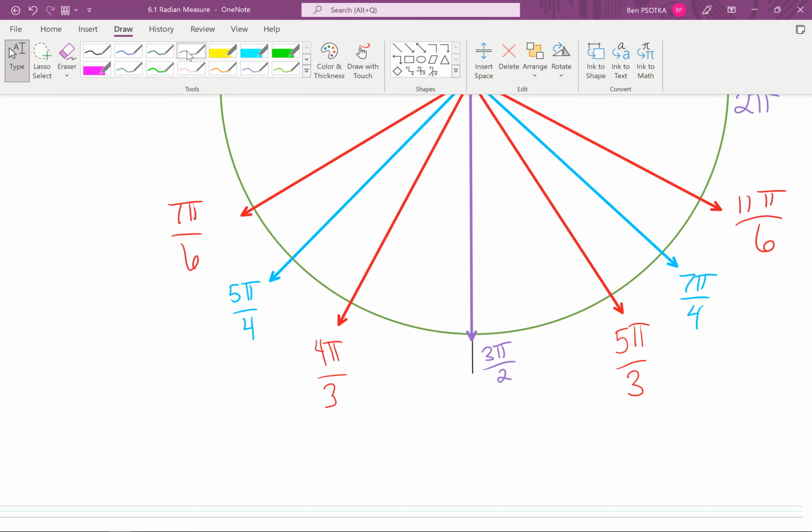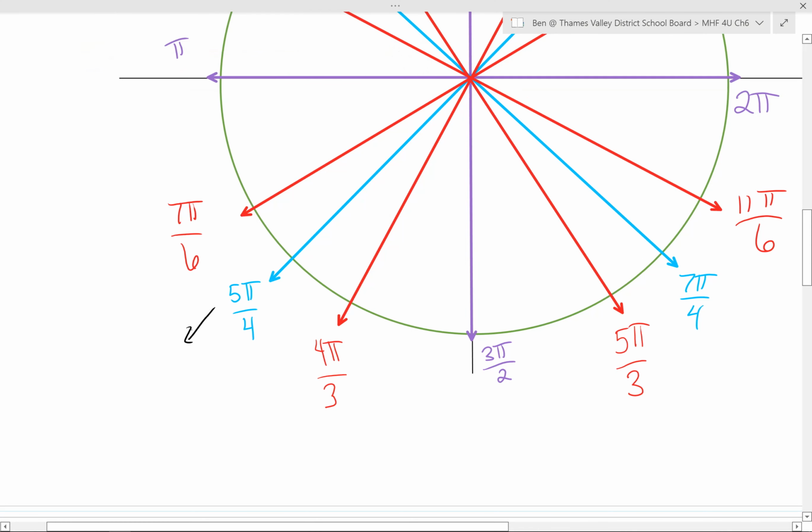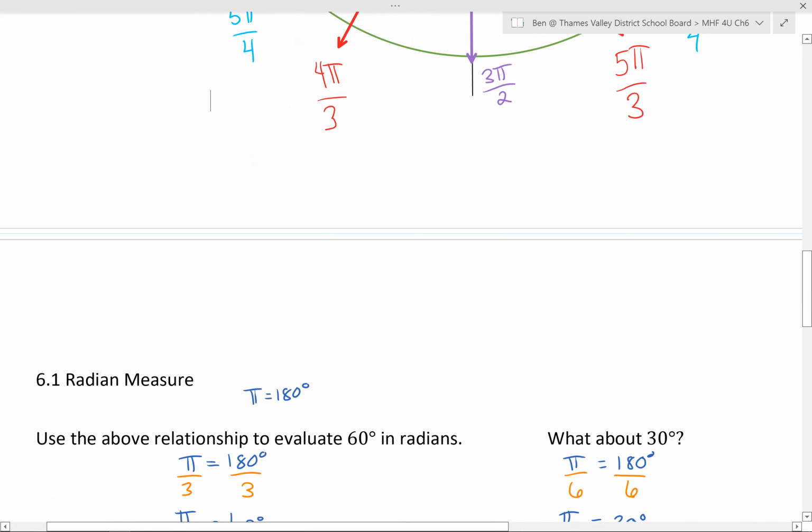If I threw that into my calculator, I would find it equals something like 4.2-ish. But we don't want to. We want to work in exact values, with fractions in terms of pi. All right, so we'll keep going a little bit here.